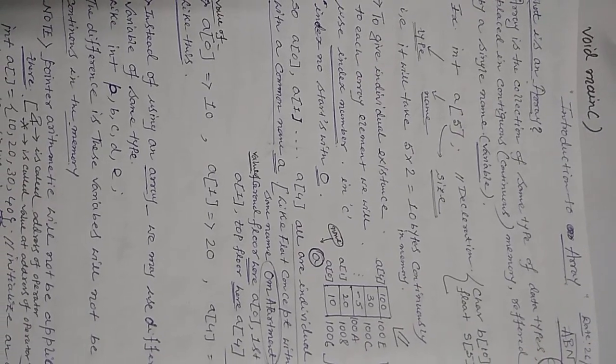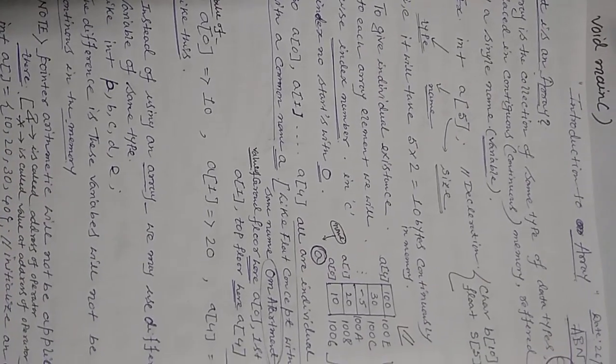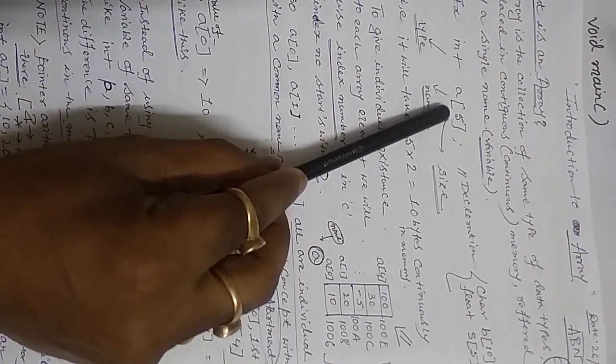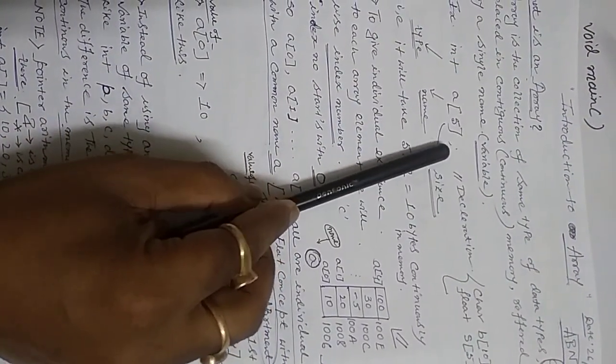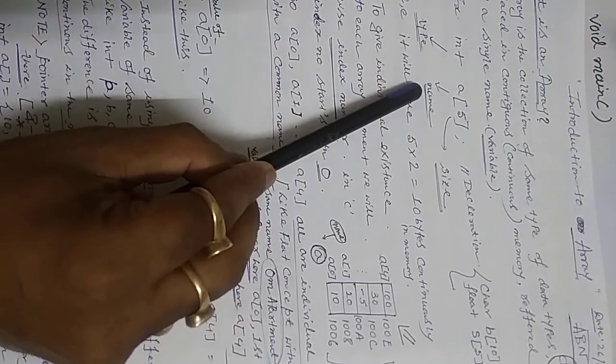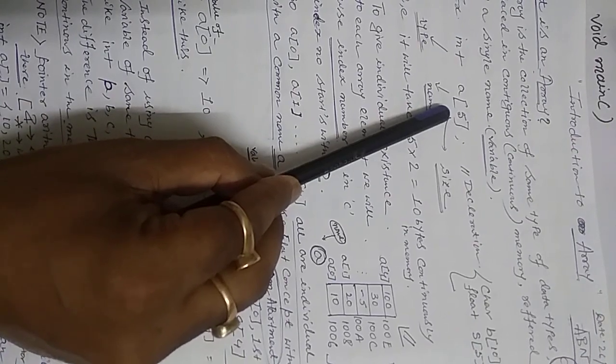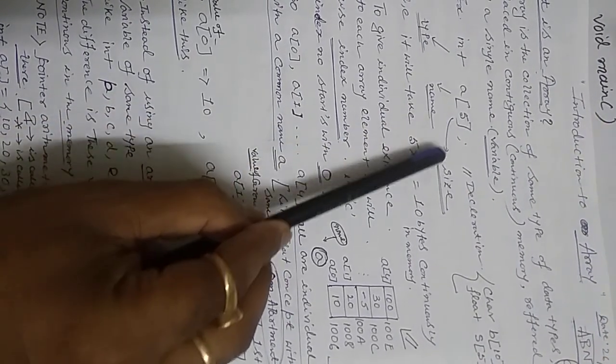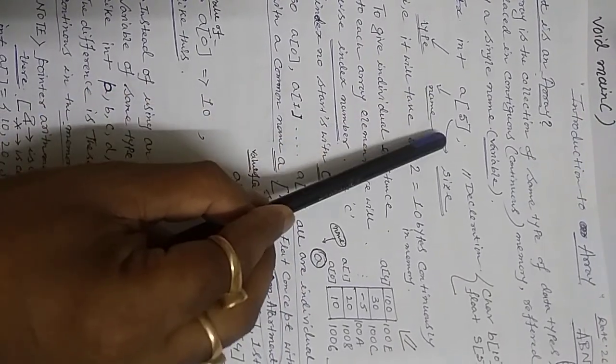Take an example of an array: int a[5], where int is the type of that particular array, a is the name, and within the third bracket we have specified the size. This is the declaration of an integer type array of size 5.